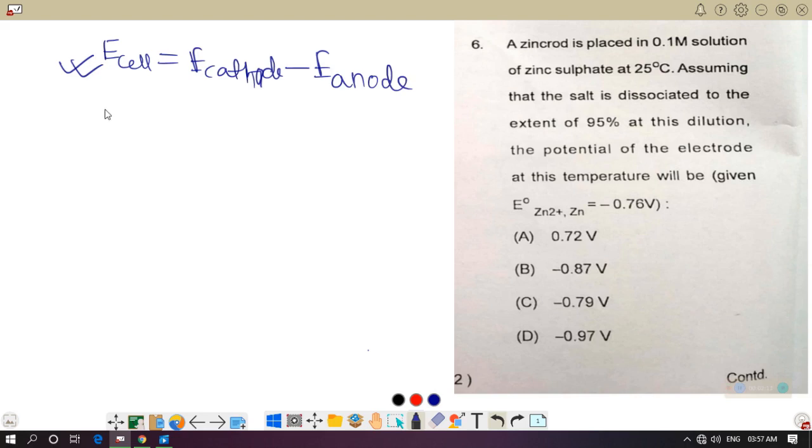So when you apply the Nernst equation, what will you get?